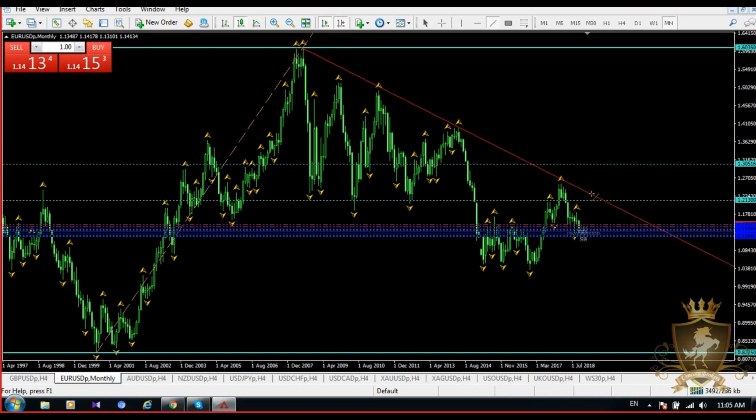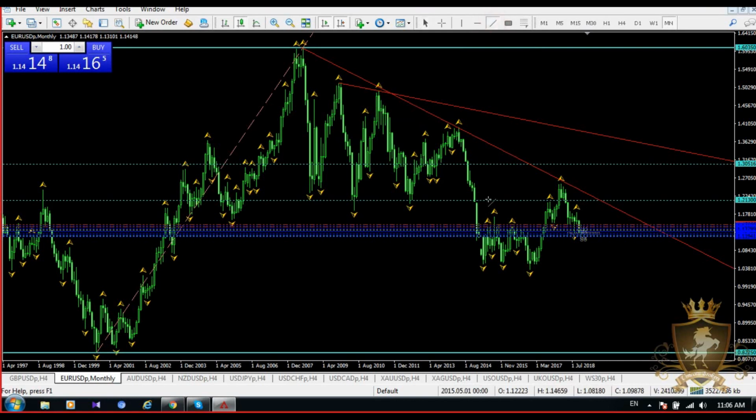In here, I have a few types of trend line. There's a general trend. This one is my general trend. This one is like the middle, the trend line.